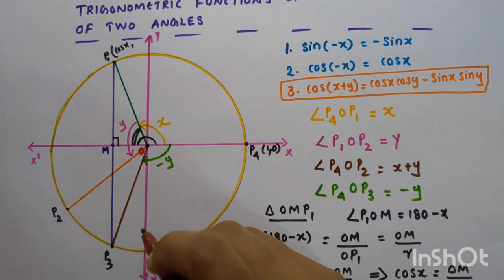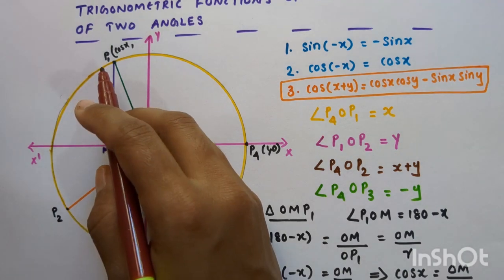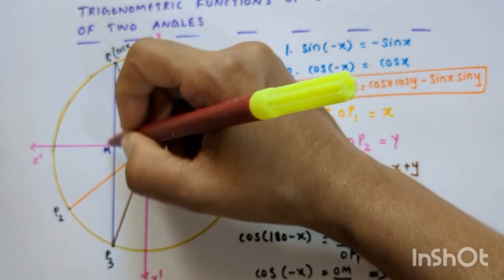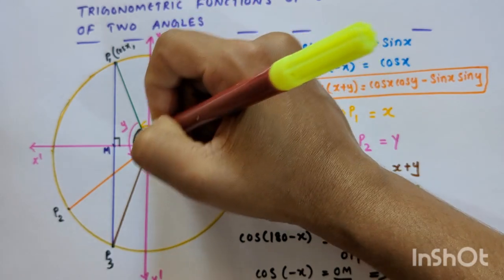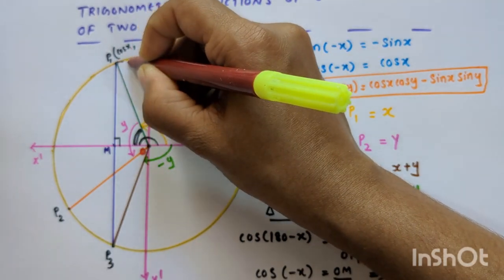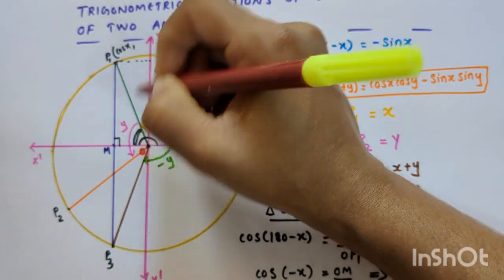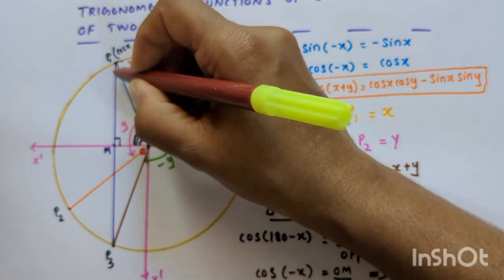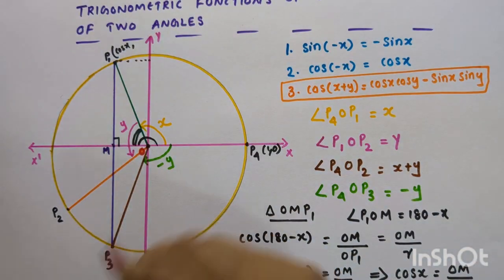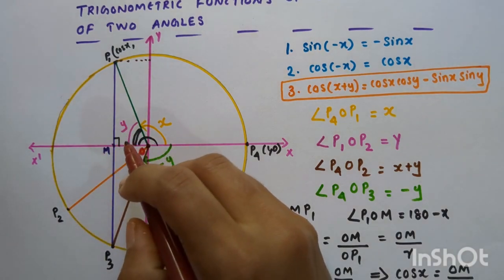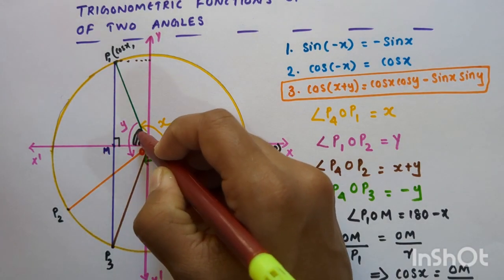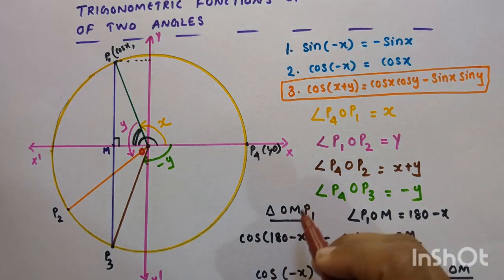To get the y coordinate of this point P1, we want to get this distance MP1, which is equal to the distance corresponding to this length as well. When you join P1 to O, the y coordinate will be equal to this MP1 distance. To get it, I am going to find the sine of this angle P1OM, which is 180 minus x.